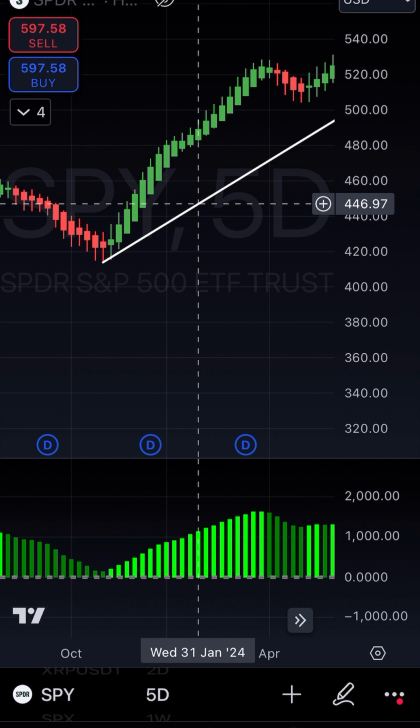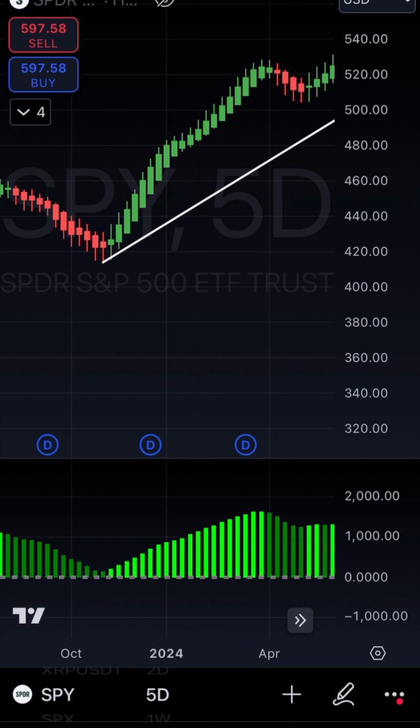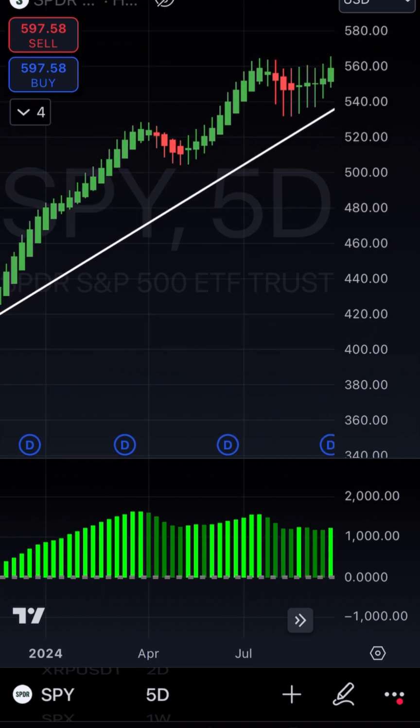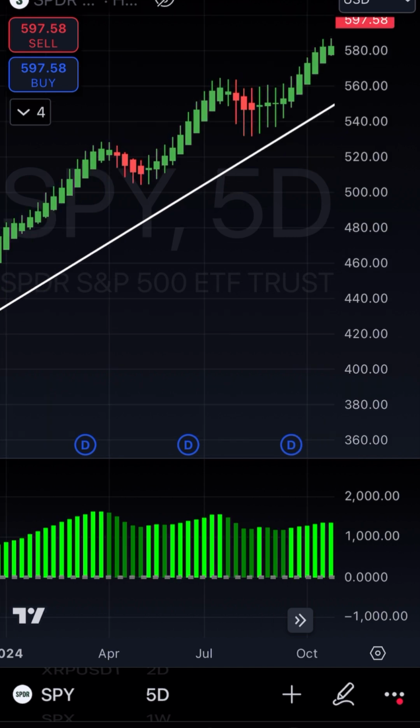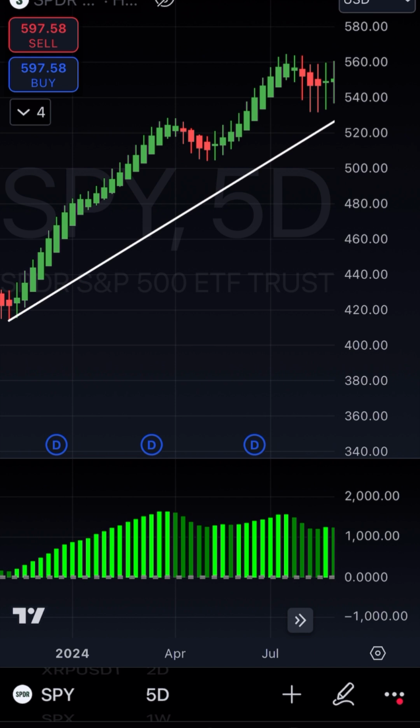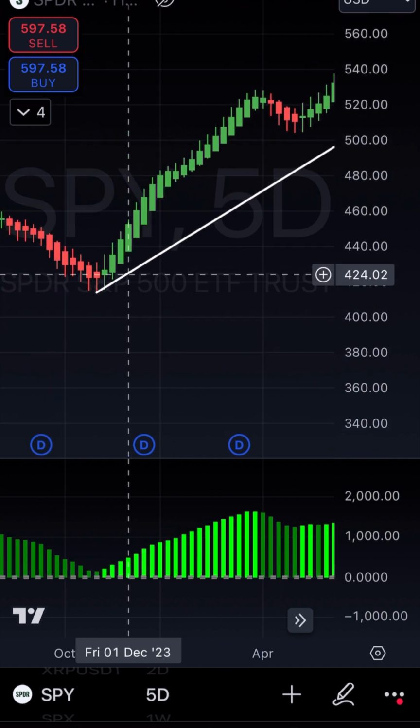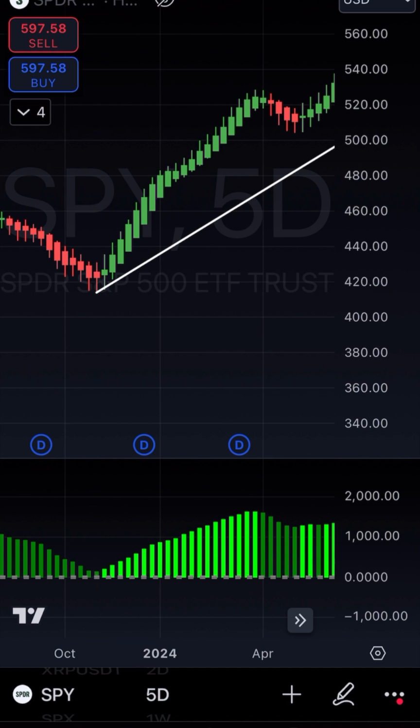Even if you come right around here, you'll know that the bottom is 446, and what you basically have to do is wait for the candle to get close to that trend line, because it hasn't broken it since November 2nd.